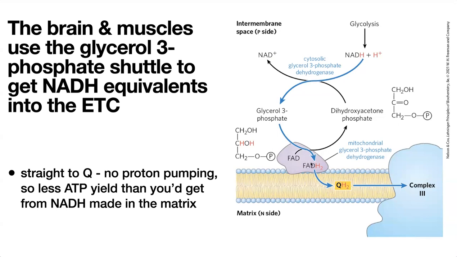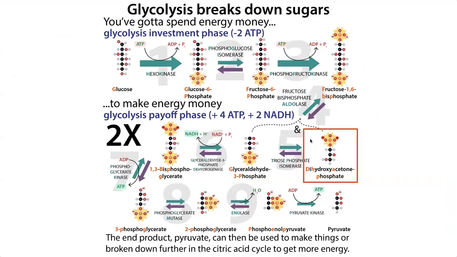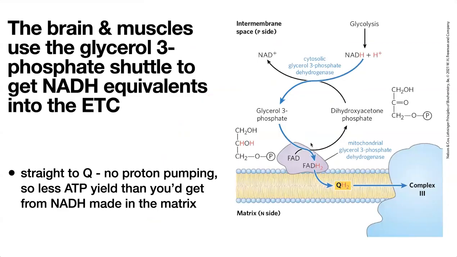We pass those electrons from FADH2 onto Q to form QH2, which can then take things through the electron transport chain. So we're using these components that were generated in glycolysis, this dihydroxyacetone phosphate and this NADH, and we're going to use them to sneak those electrons into the mitochondria.